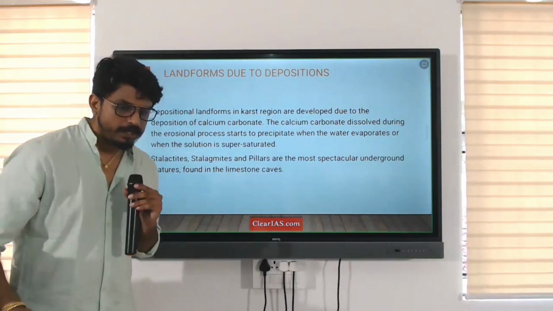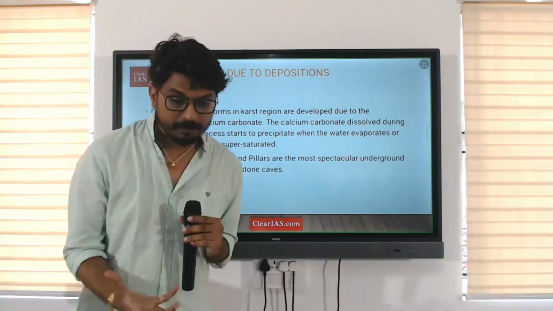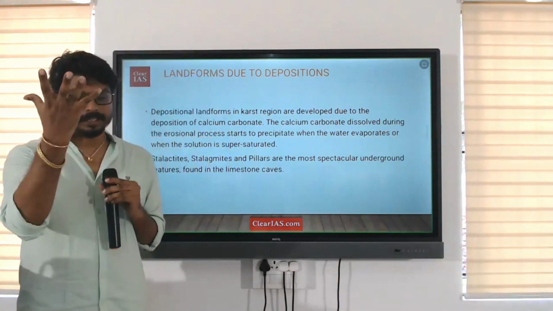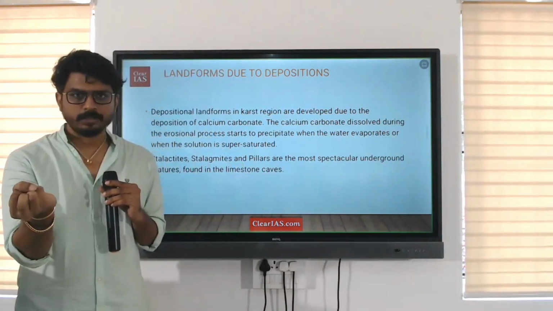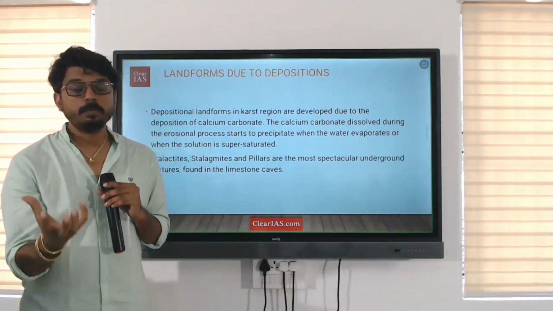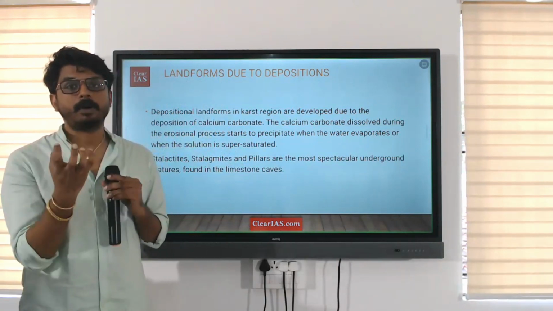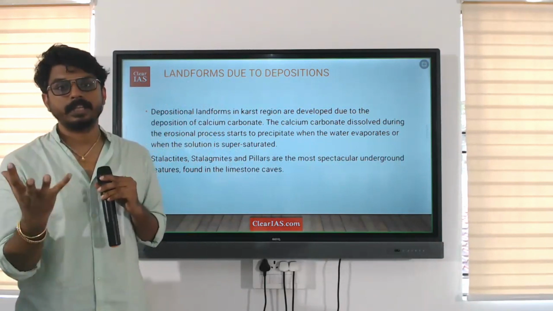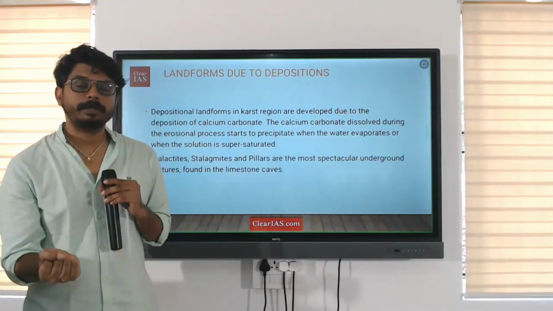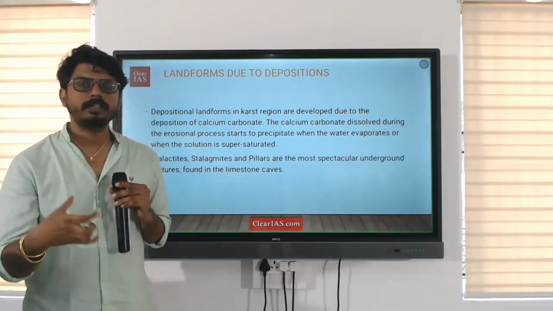So what will happen when the water carrying calcium carbonate starts evaporating? It will deposit. Yes or no? Or when it is supersaturated, the maximum amount of calcium carbonate that can be carried is reached. Now no more calcium carbonate can be dissolved, so it will start precipitating.